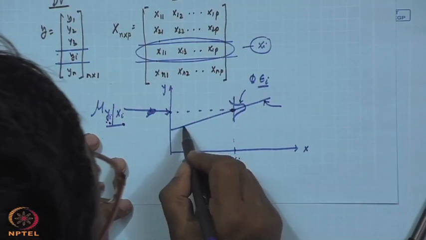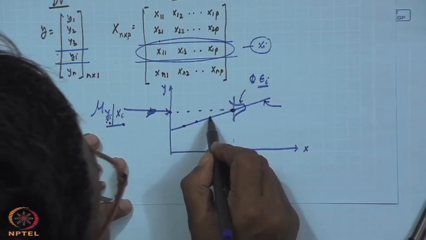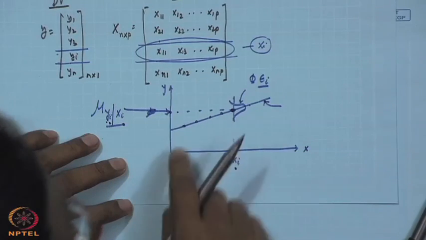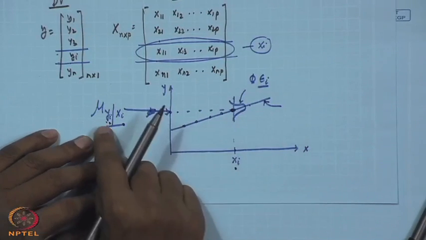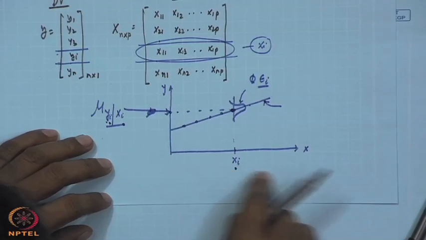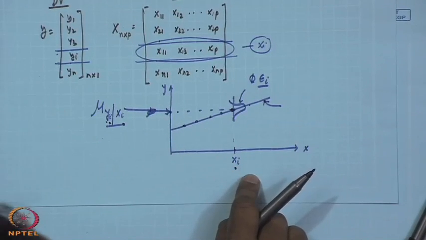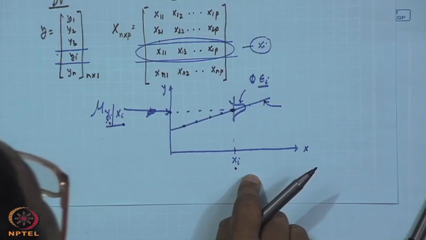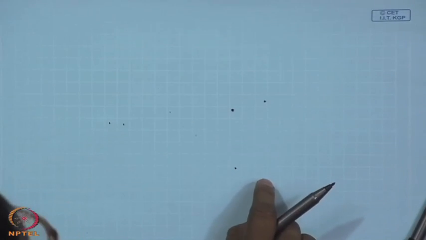So, any point on the regression line which you will be fitting later on is the mean value of y given x. We will see later, when we fit all those things, how to do it.